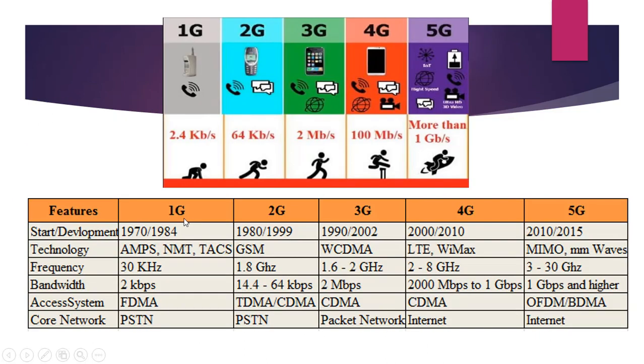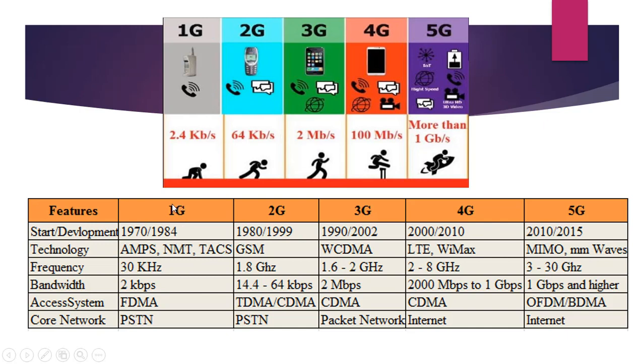Finally, let us summarize today's video. First of all, we have first generation mobile telecommunication, where we can have only voice calls. That was the era between the 1970s and 1984. Frequency was 30 kilohertz, and the core network was PSTN.